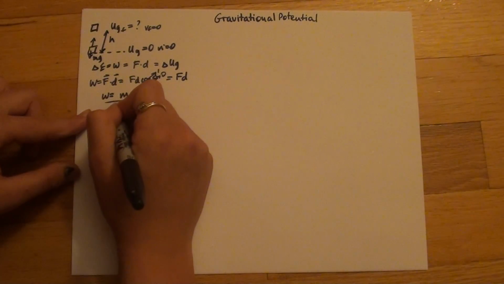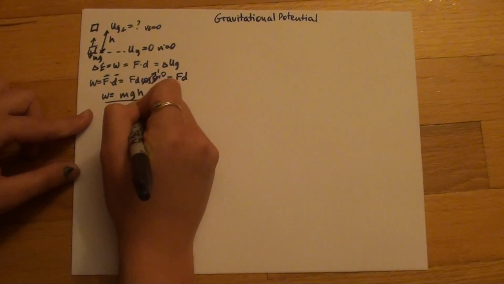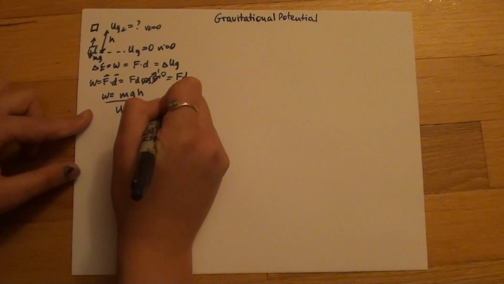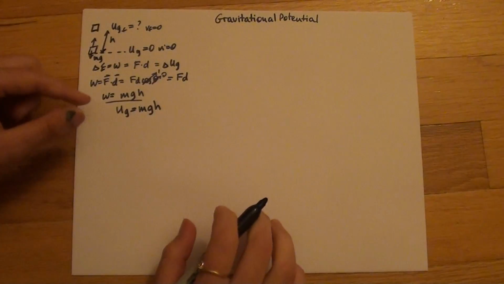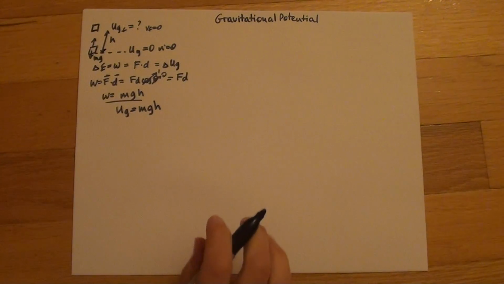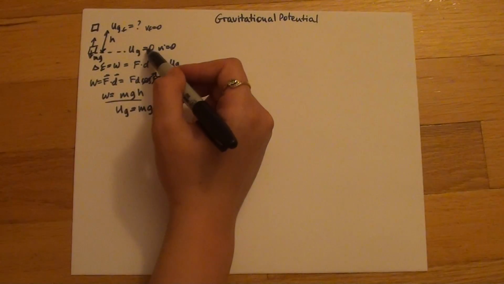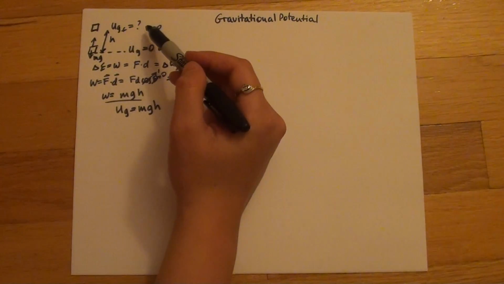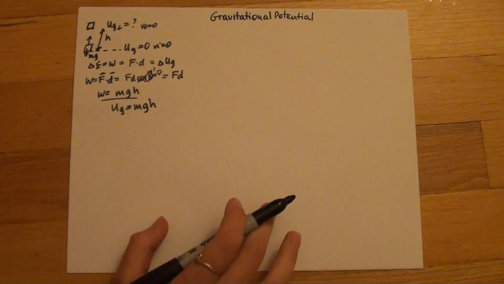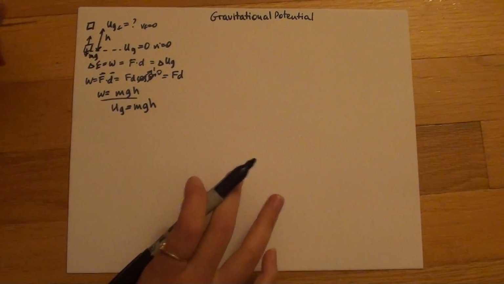So the gravitational energy at any given point is mgh, and h is of course the difference from the zero potential, where the gravitational potential is 0, to some height h.